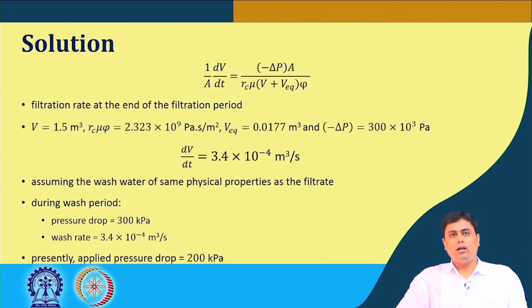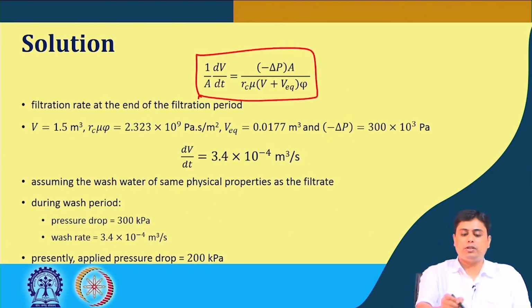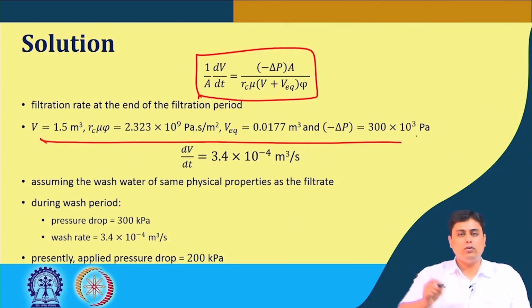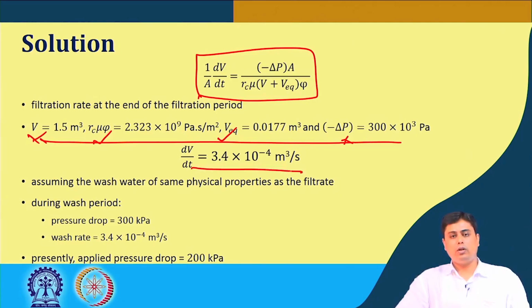Once we do that, similar to the last problem that we have solved, we can solve this filtration rate expression for all the known values on the right hand side. These are the values that we have calculated, and these are the values that are given. It gives the filtration rate as 3.4 into 10 to the power minus 4 meter cube per second.